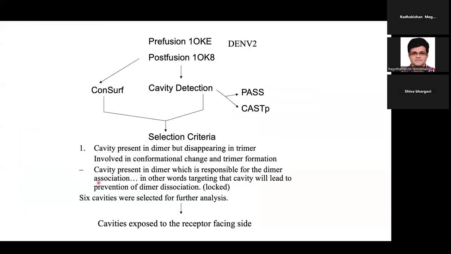The second criteria that we used was the cavity is present in the dimer, which is responsible for dimer association, meaning that cavity is something which, let us say, think of it like a river with a valley on either side, and if you construct a bridge, this bridge will connect between both the valleys on each bank of the river, and thereby it will act like a stapler between the two monomers and prevent the dimer from dissociating.